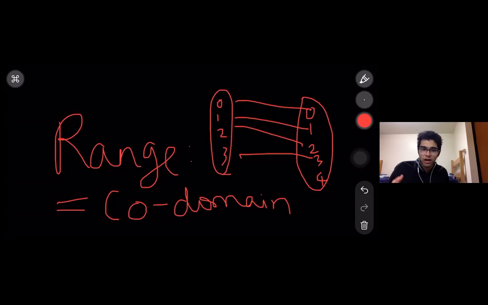We don't have a word for something which is part of the domain, like we don't have a subset of the domain, because every number in the domain should have a function value. Otherwise, it will never be part of the domain. Domain is the list of numbers for which that function value exists. So I cannot put another number here and not pair it with anybody. Then it will never be part of the domain.